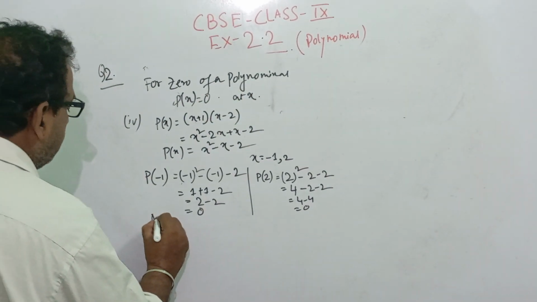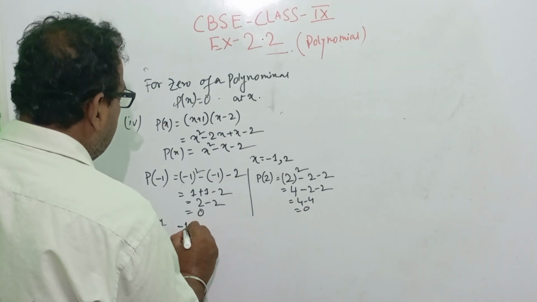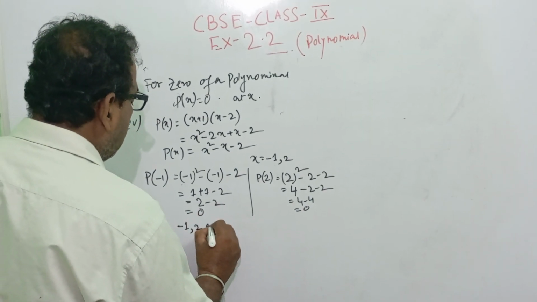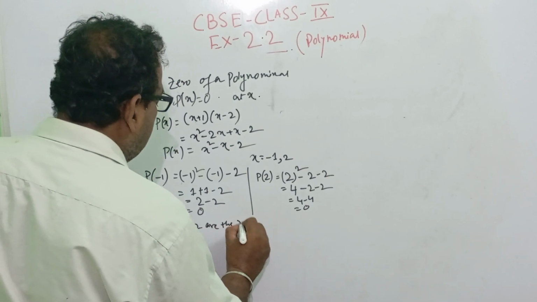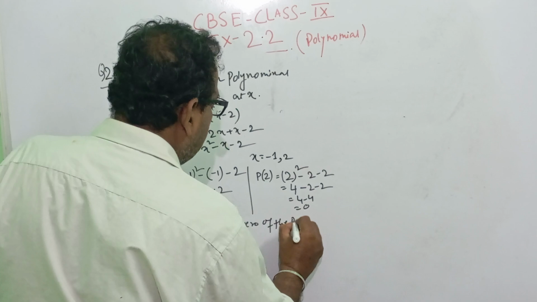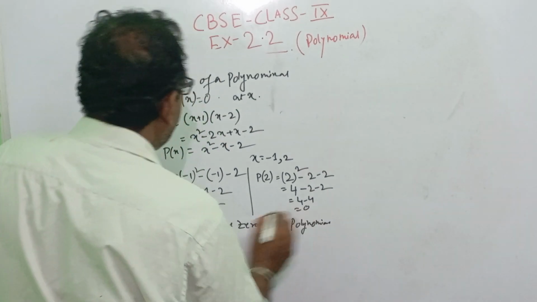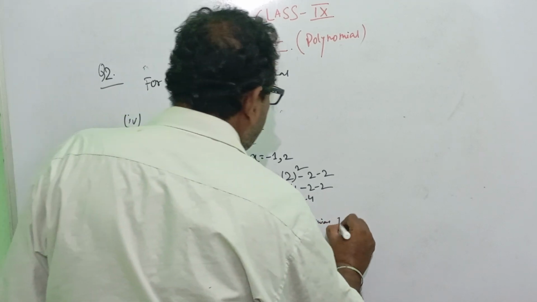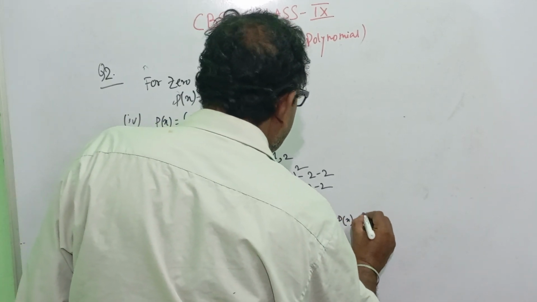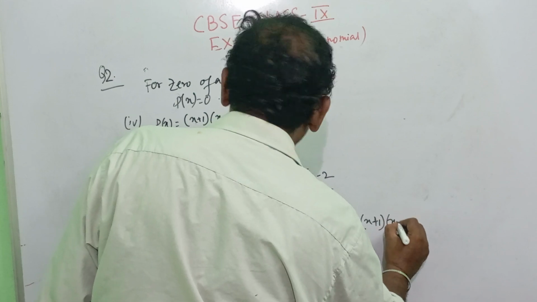The answer will be minus 1, 2 are the zeros of the polynomial p(x) is equal to (x plus 1)(x minus 2).